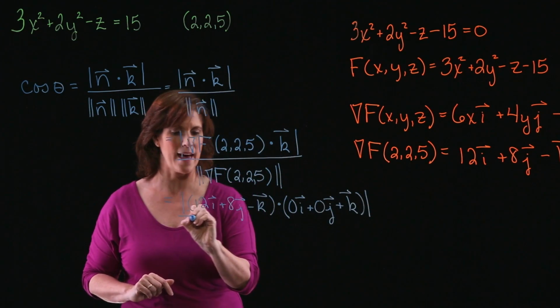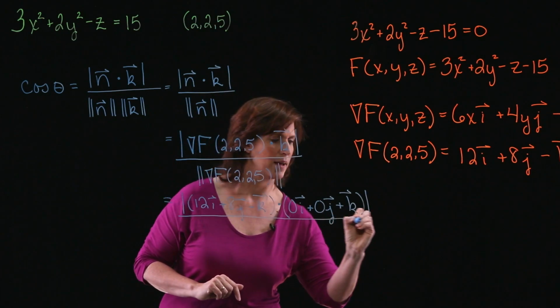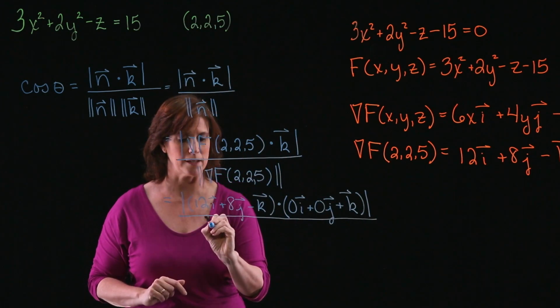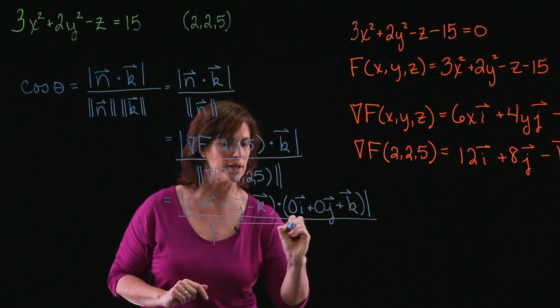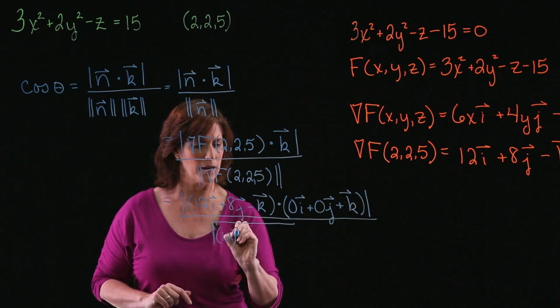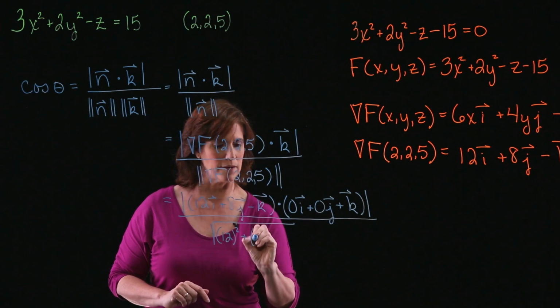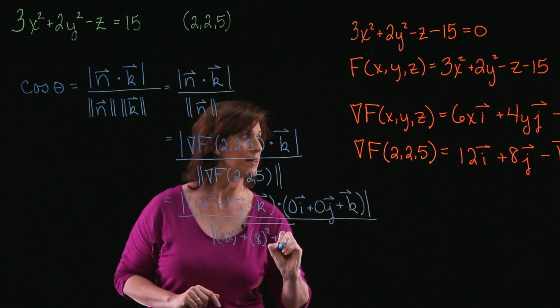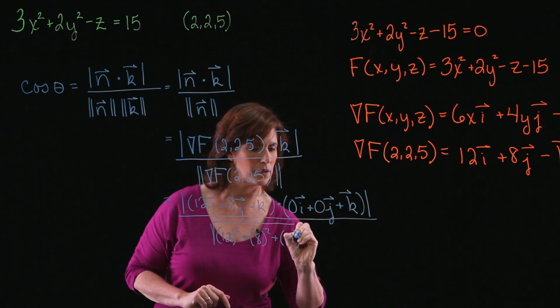And then I'll divide that by the norm of that gradient. So I've got the square root of 12 squared plus 8 squared plus (minus 1) squared.